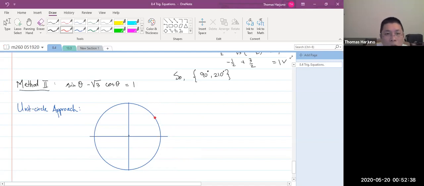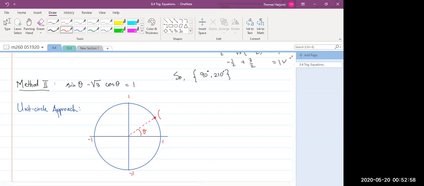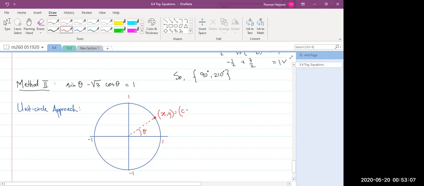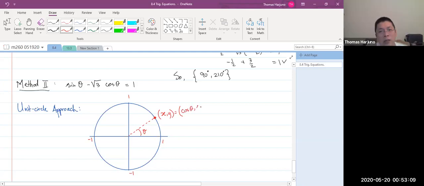Suppose the angle here is angle theta. Then what is the coordinate here? x, y, that's right. But then can you express x, y in terms of theta? It's cosine theta, sine theta.